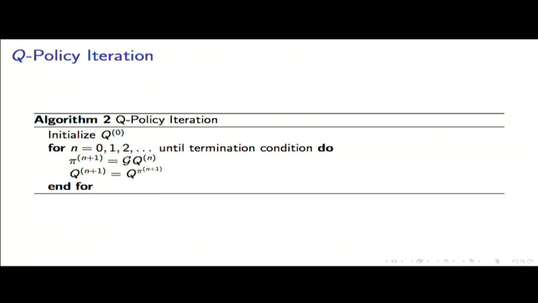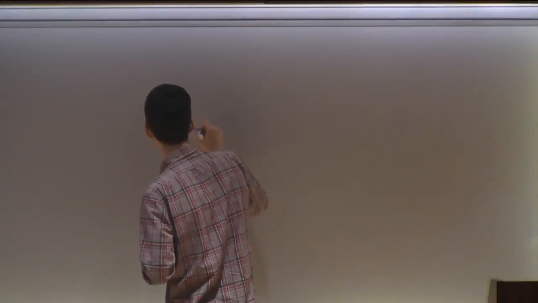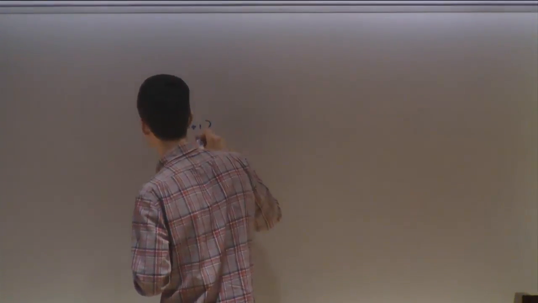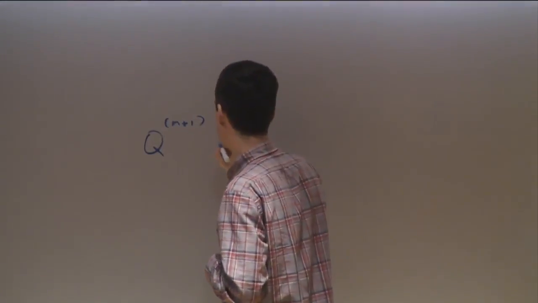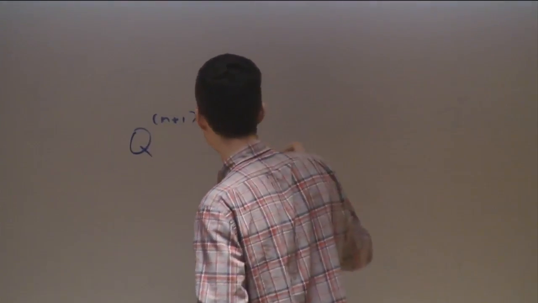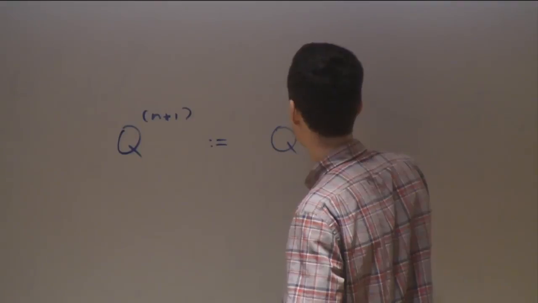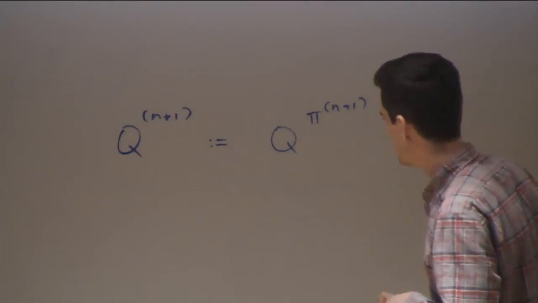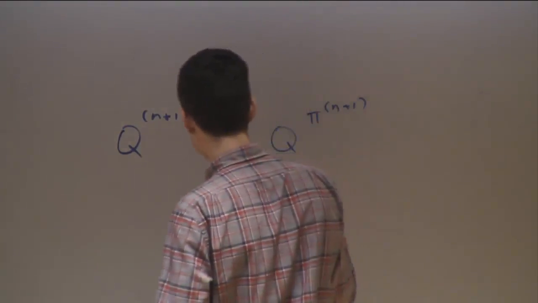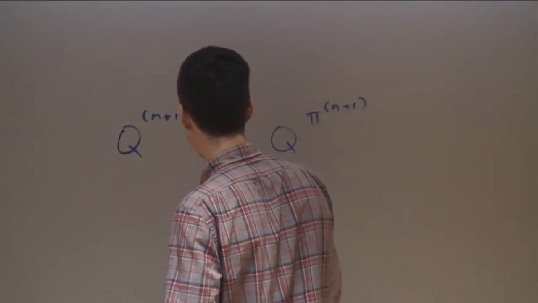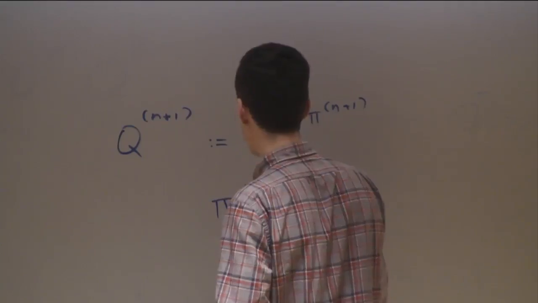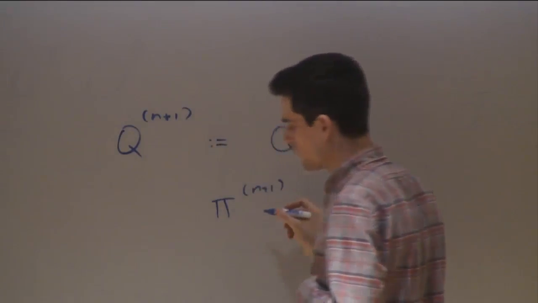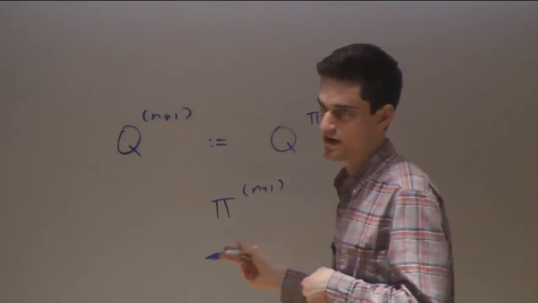So I wrote that Q n plus 1, the new Q function we're trying to compute, we define to equal the Q function of the policy we just computed. So we've got this policy pi n plus 1, and we just want to find the Q function of that policy.